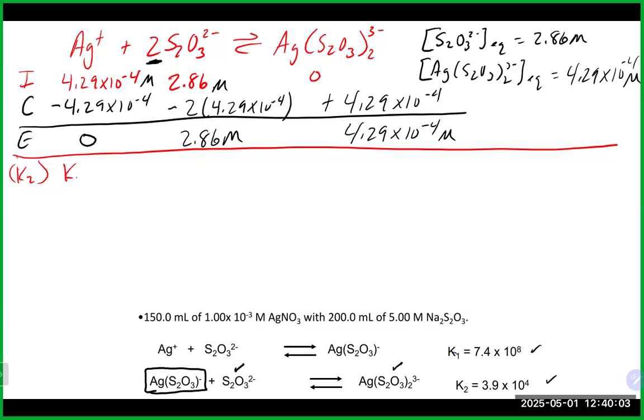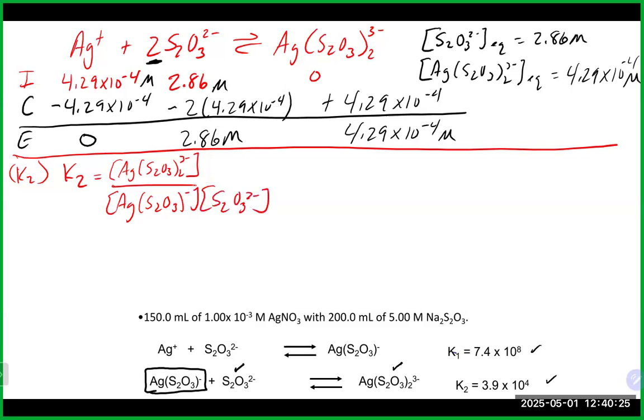If I wrote my K2 equilibrium expression, it would be my complex ion divided by this intermediate, which I'm looking for the concentration of, times S2O3 2-.